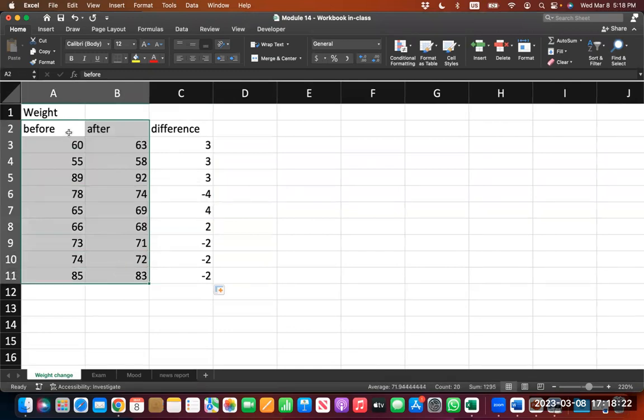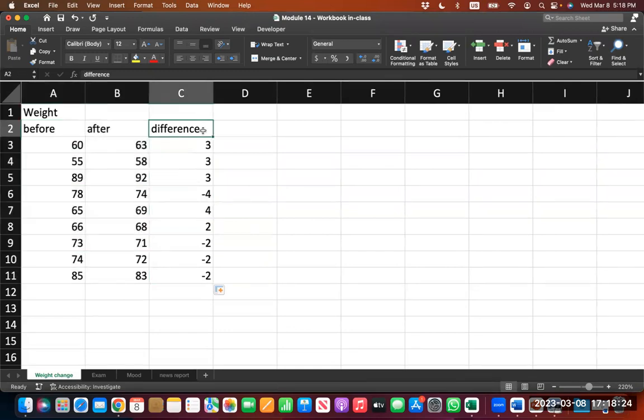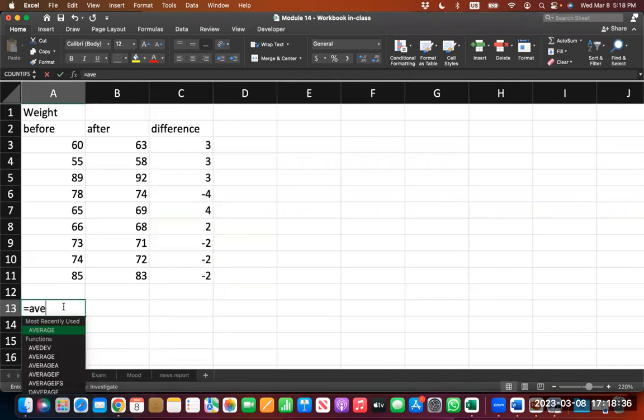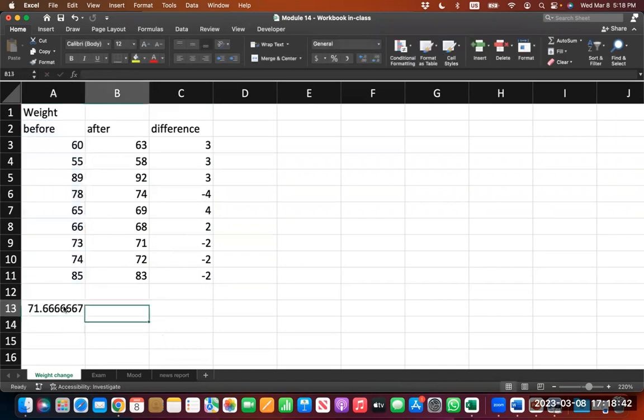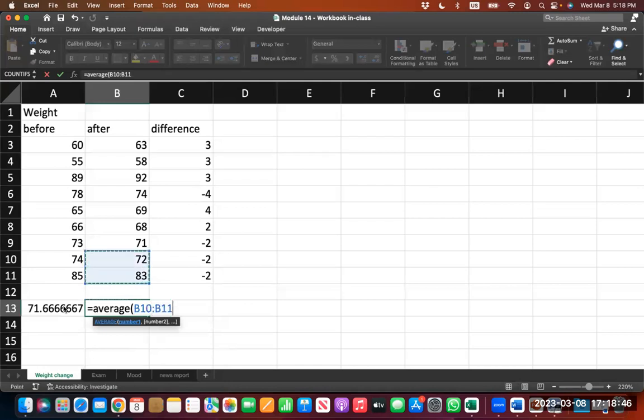In data management and data analytics, I would refer to this as collapsing two values into one, which is just an arithmetic difference between those two individual scores, a list of scores. Now when you calculate an average, you have an average for the before value and an average for the after value.